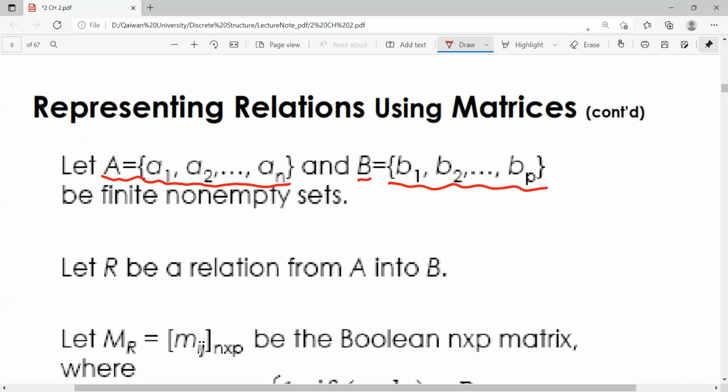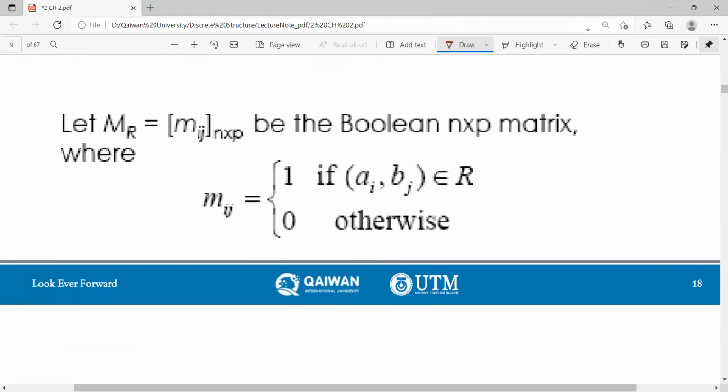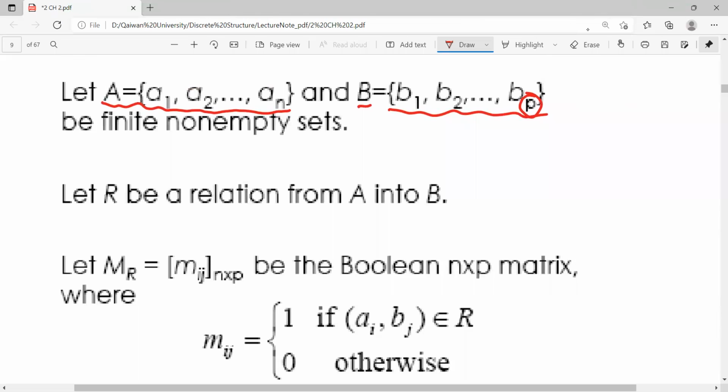That means here we have n rows because we have n elements in set A. We also must have p columns because we have p elements in set B. And all the elements of the matrix are either 1 or 0.